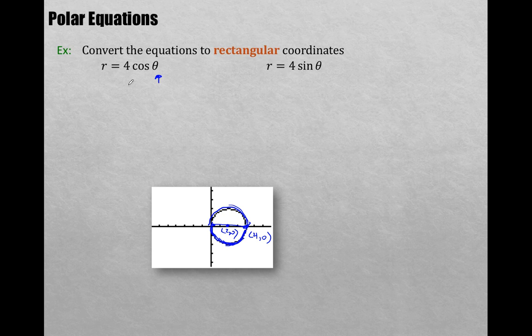R equals 4 cosine theta is a circle, and it's kind of oriented around the positive x-axis, right? Do you see the symmetry around the positive x-axis? And what letter, rectangular letter, do you associate with cosine? X. So can you make a guess as to what this shape is going to be for sine theta?